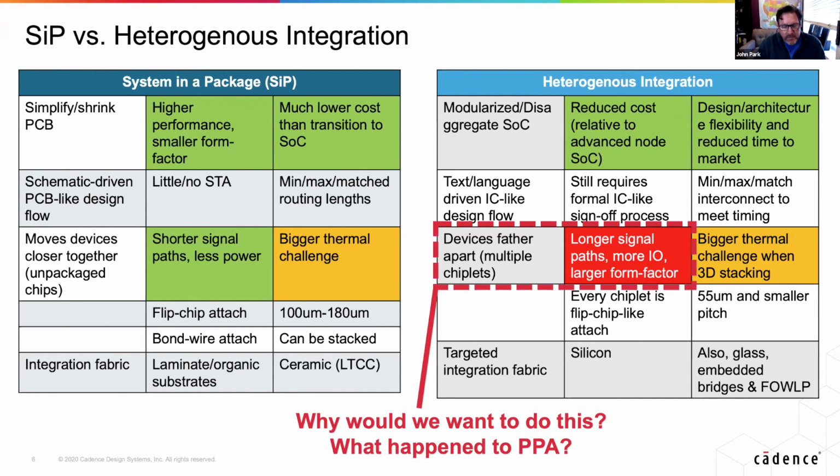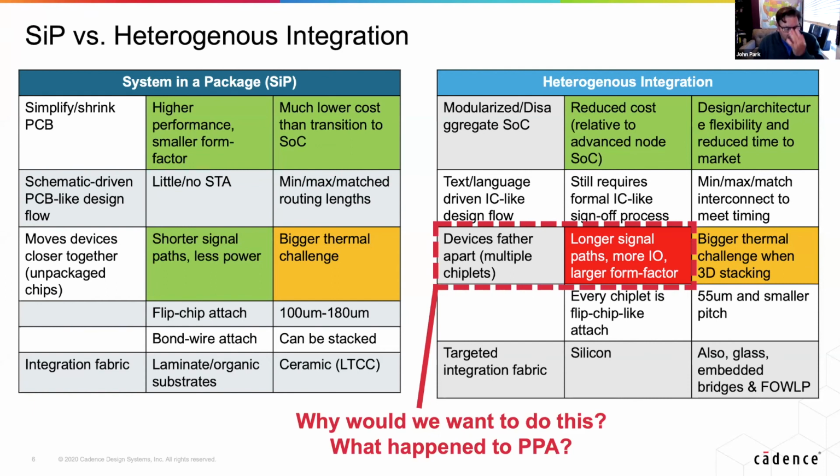When they're flip chip attached, the bumps are anywhere from about 110 microns up to 180 microns, and even a little bigger than that. Typical laminate substrates and build-up substrates can handle that pitch, so we're good there. And we've been 3D stacking wire bond attached dies for some time now.